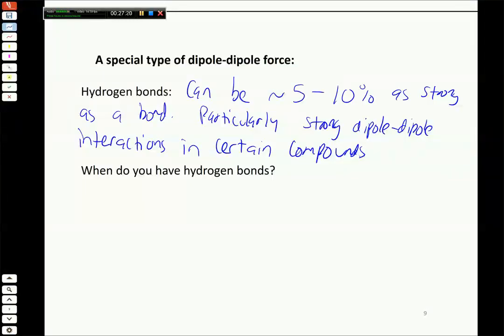They're the same thing, except that a hydrogen bond is sort of a special category of dipole-dipole forces. So when do we have hydrogen bonds? They're going to exist in molecules with HF bonds, which was basically just HF itself, OH bonds, or NH bonds.